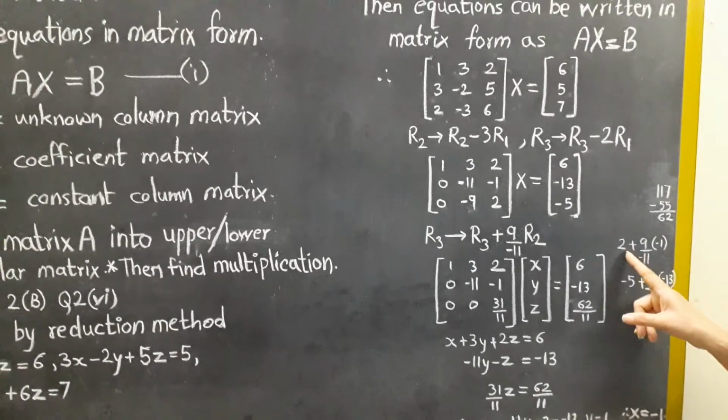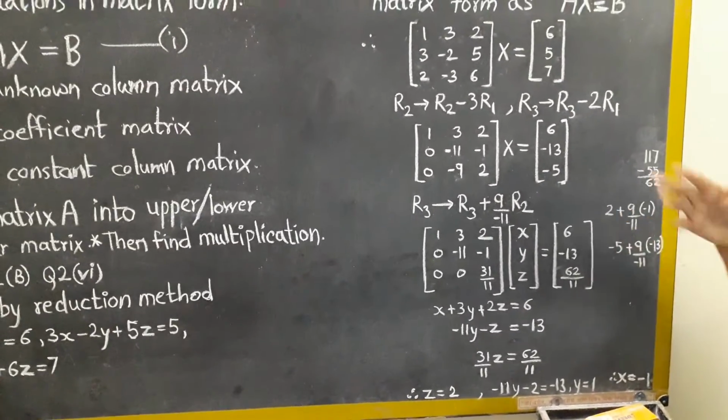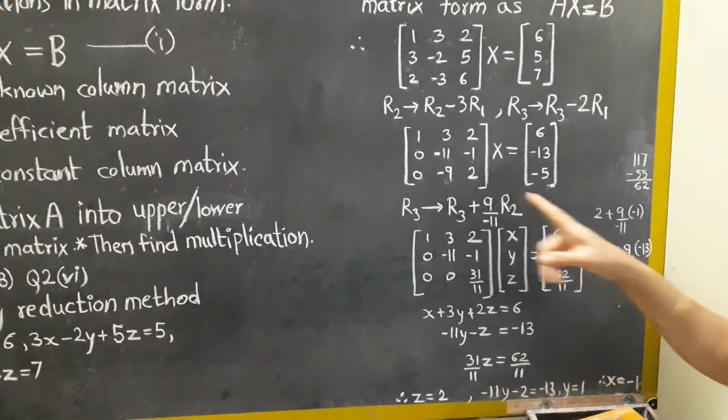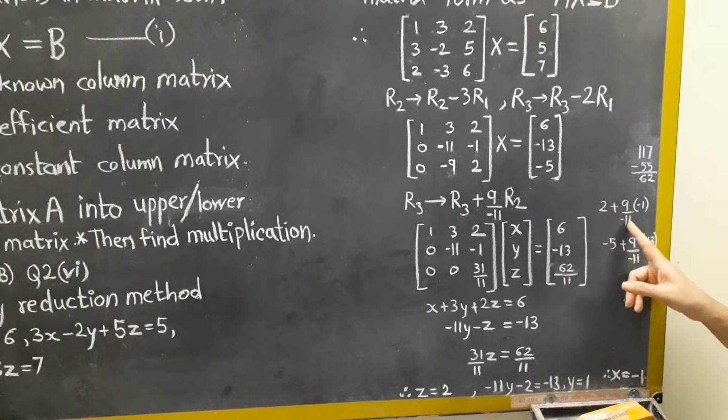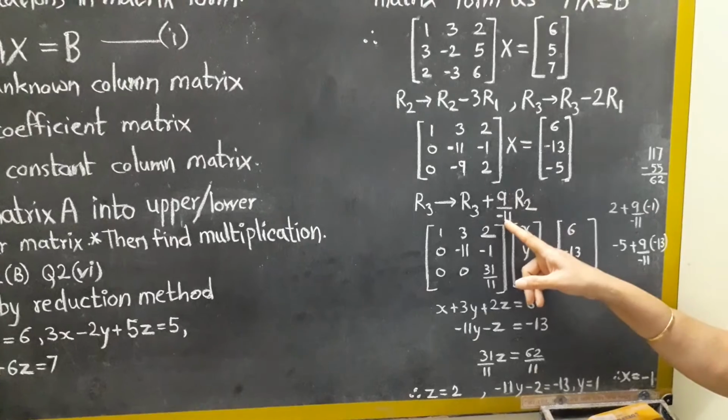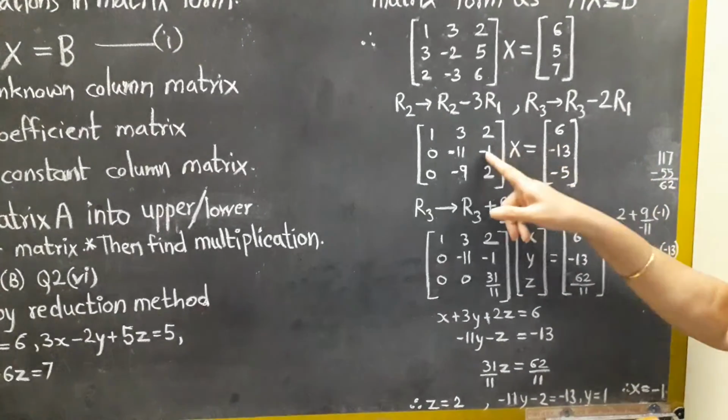So here I am writing it. Of course the rough work will be done by pencil. So here I am writing 2 plus 9 upon minus 11, sorry 9 upon minus 11 multiplied by minus 1.